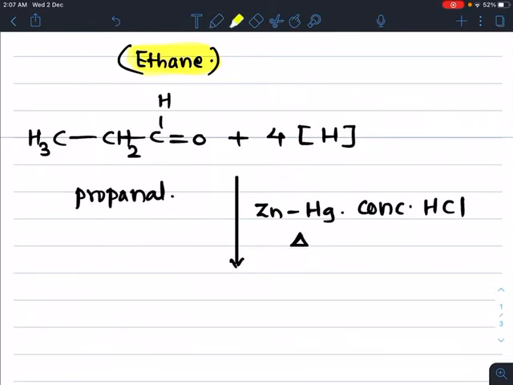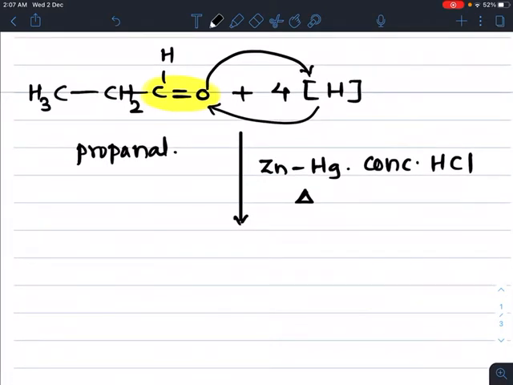The CO group of the aldehyde is converted into CH2. The oxygen is removed and 2 hydrogens are added at the place of oxygen. We get its corresponding alkane CH3CH2CH3, plus H2O is removed.